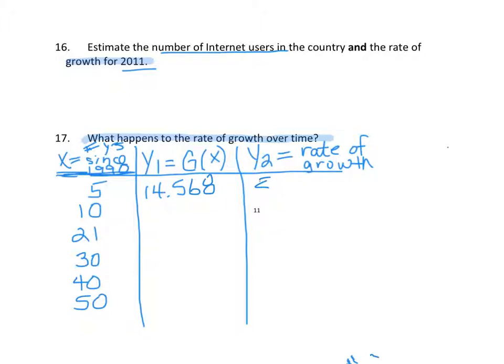And our rate of growth is 5.583 million users per year. So the population is increasing by that much.